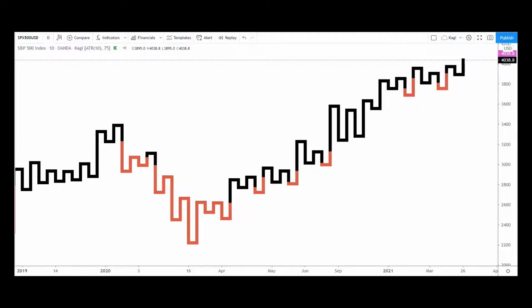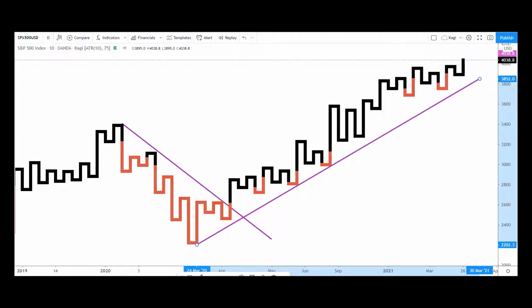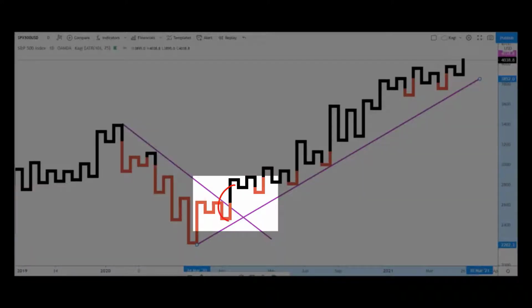So let me just add on some lines now. There's two really obvious trends to this chart: the bearish one from the early part of 2020 and then the bullish one continuing up to April, and I like to try and get them through the change in the Kagi lines as well, which also helps confirmation. You can see where the bearish one switched through and turned bullish.